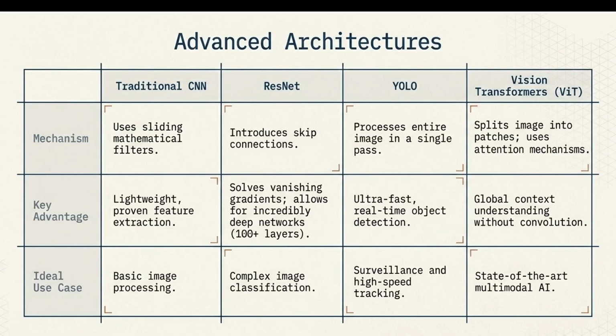Key advantage. Traditional CNNs are lightweight and provide proven feature extraction. As we have seen before, the manual process has been automated after the start of convolutional neural networks. This is one of the main advantages of traditional CNN: feature engineering, feature extraction.